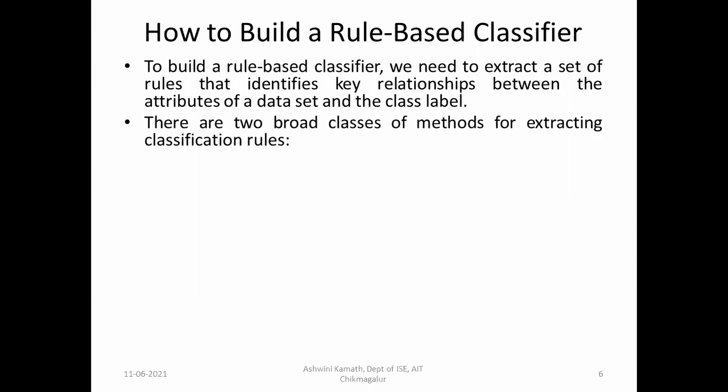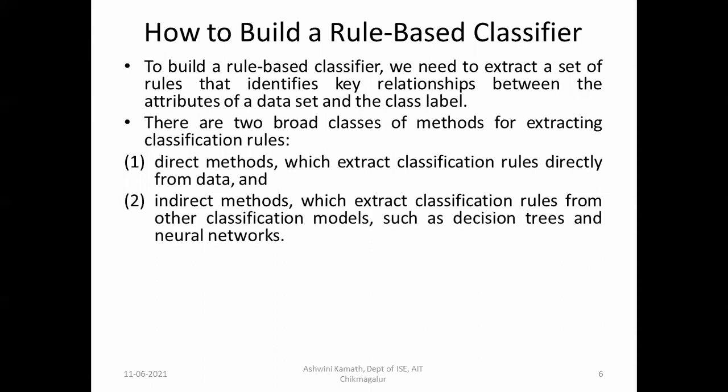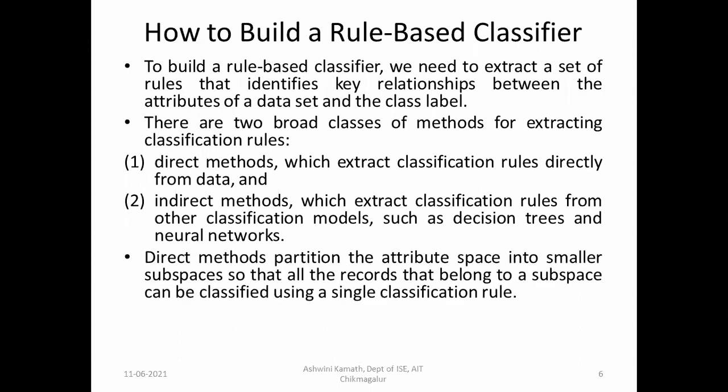There are 2 broad classes of methods for extracting classification rules. First is the direct method, which extracts classification rules directly from the data, and second, indirect methods, which extract classification rules from other classification models like decision trees and neural networks.